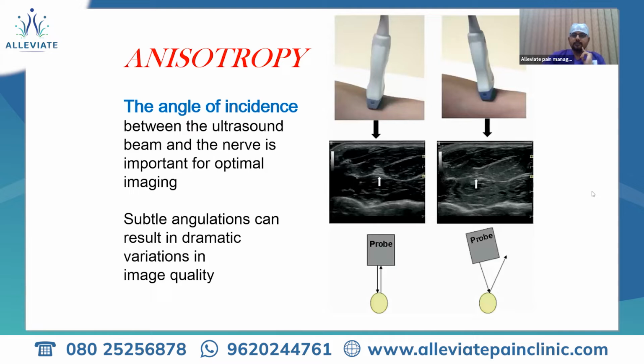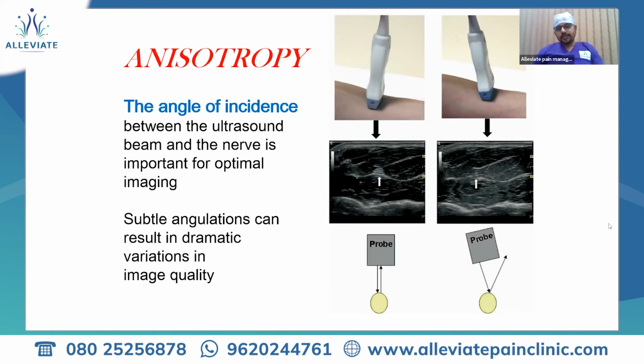The probe required for the evaluation of nerves of the upper limb would be a linear probe because these structures are very superficial. They require a probe which has lesser penetration but high resolution, which is sufficed by the high frequency linear probe, as you can see here.